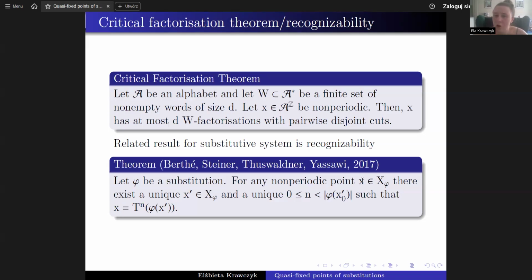So what you do, you find this x prime and this n, which is between 0 and k, such that this holds. Then you do the same for x prime, and for the sequence you got from x prime and so on, and you get an infinite sequence of integers between 0 and k. This basically gives you a k-adic expansion of the point kappa of x.